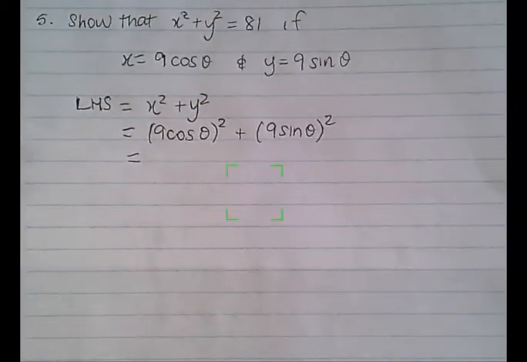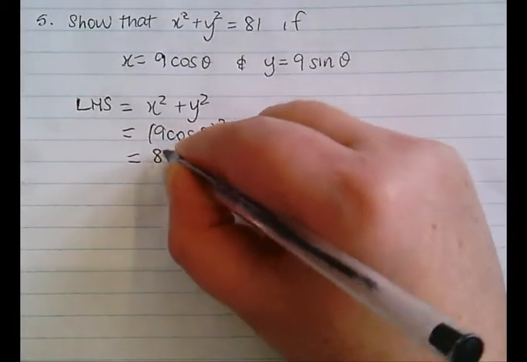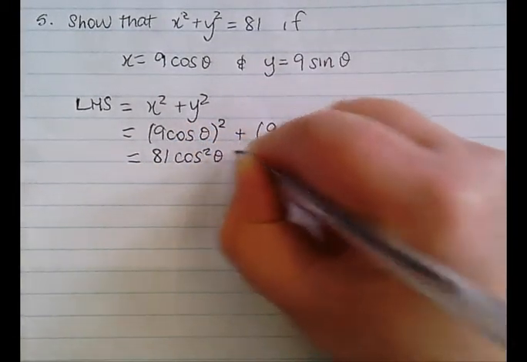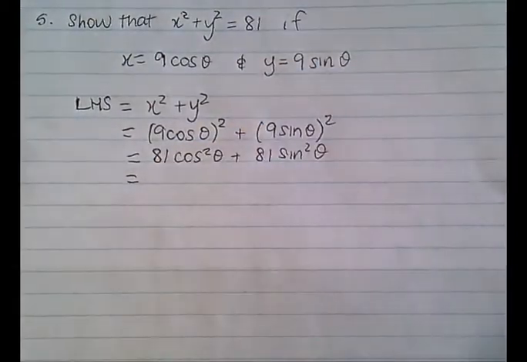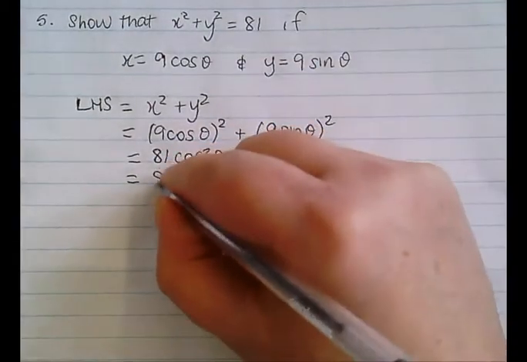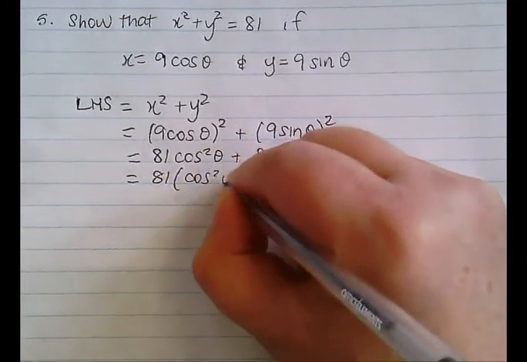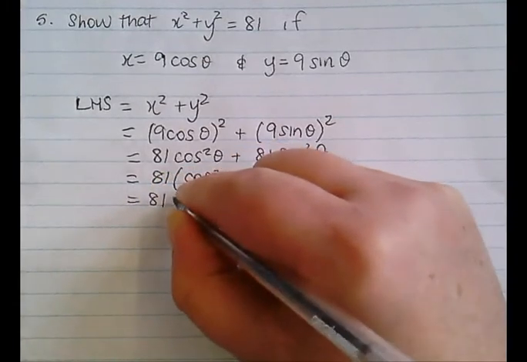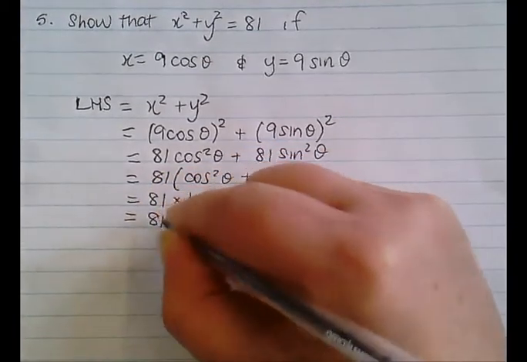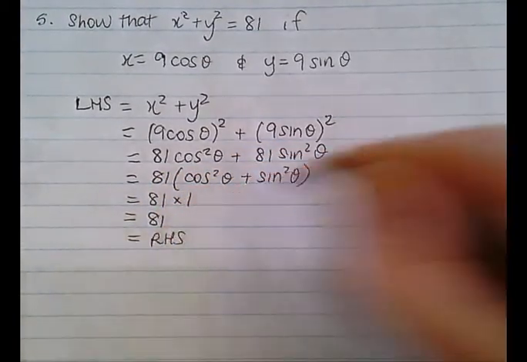So remember, if you're showing something, you've got to start with the left-hand side. So isn't that 81 cos squared theta plus 81 sine squared theta? Now what do we do? Factorize: 81 bracket cos squared theta plus sine squared theta, which is 81 times 1, which is 81, which equals the right-hand side.